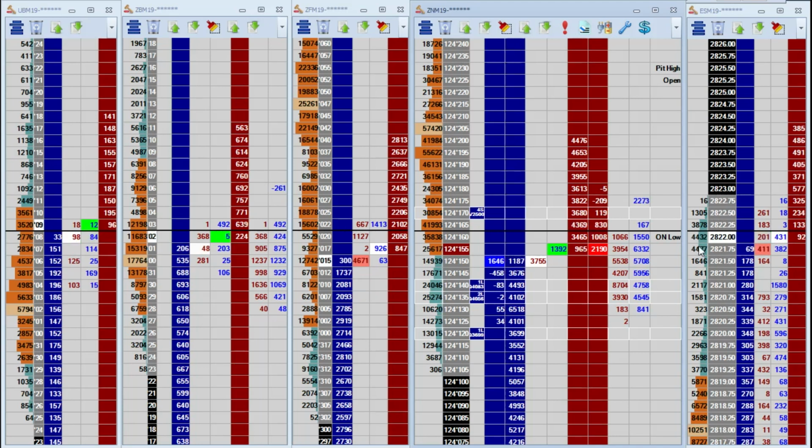Starting to get some volume develop over here in the ES. That could be indicative of sellers stepping in, trying to push that thing lower. 30 years back up to our black line here.